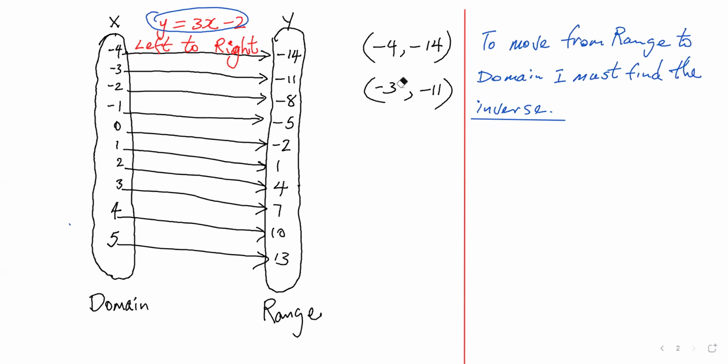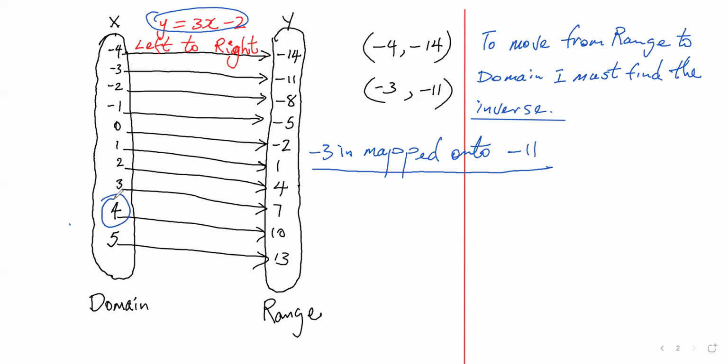We say negative 3 is mapped onto negative 11. All right? So negative 3 is mapped or connected to onto negative 11. This is how we speak in functions and relation.